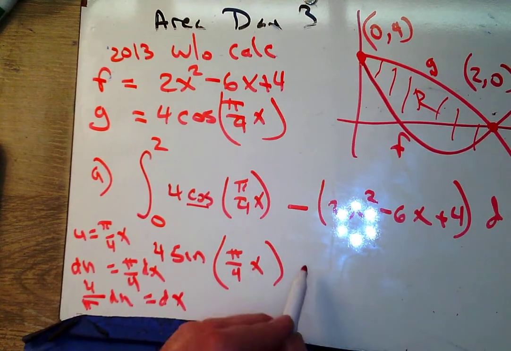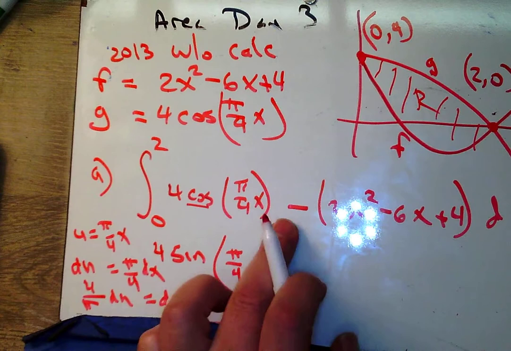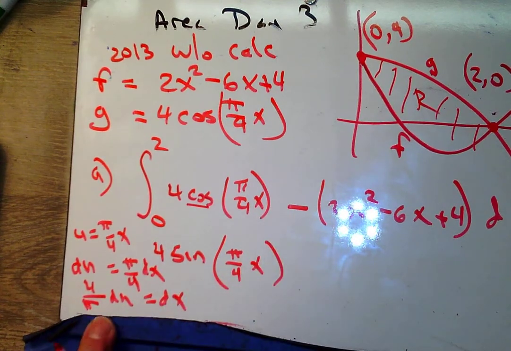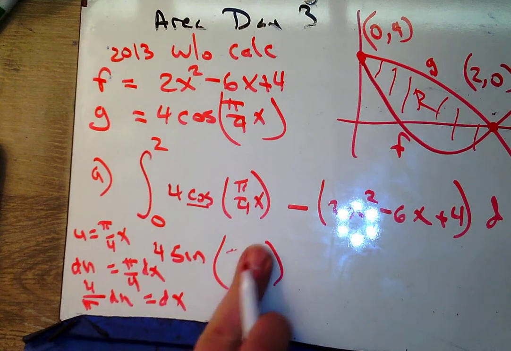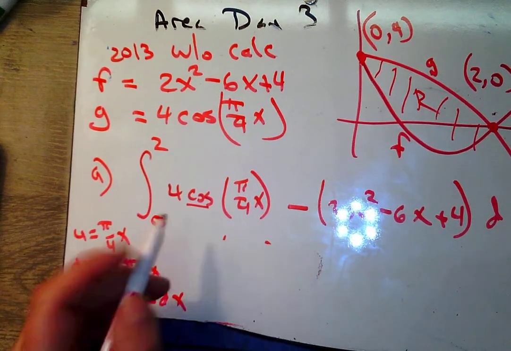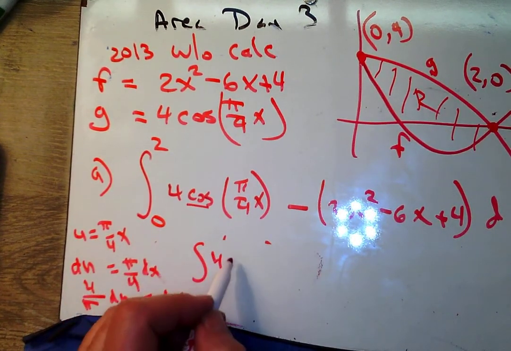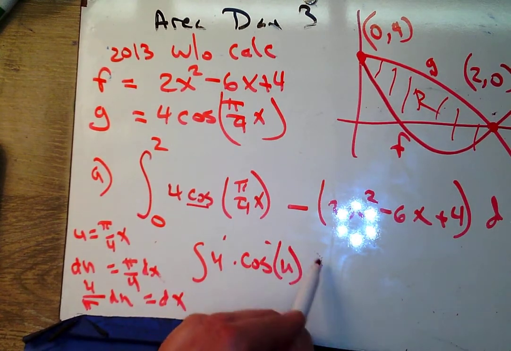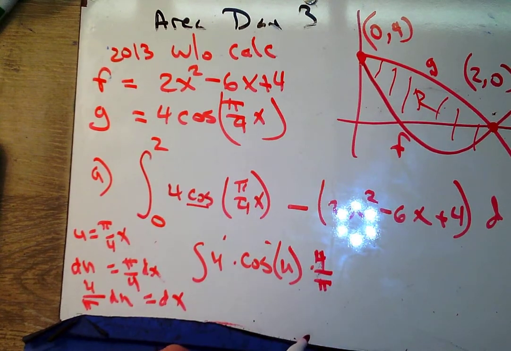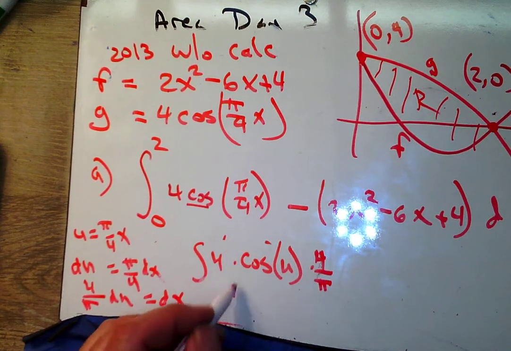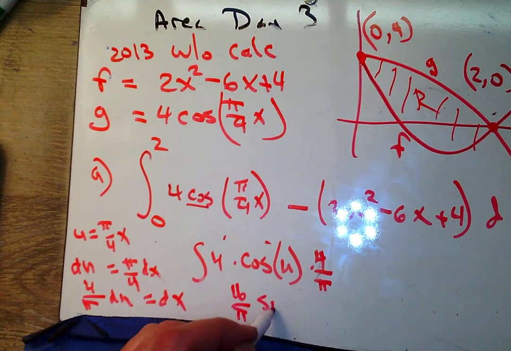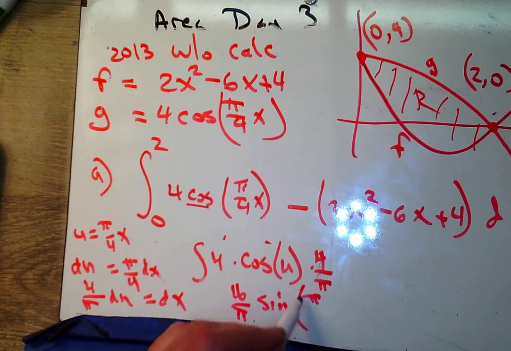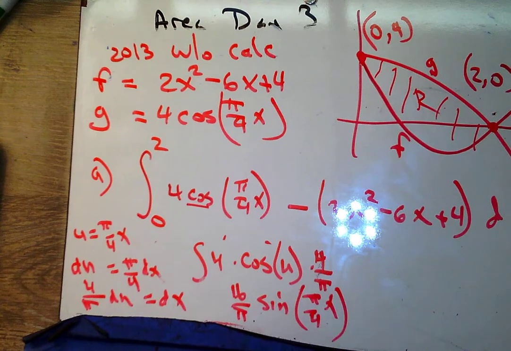So I can get rid of the dx here by saying 4 over pi. So it's the integral 4 cosine u times 4 over pi, right? So I'm going to have 16 over pi sine pi over 4x.